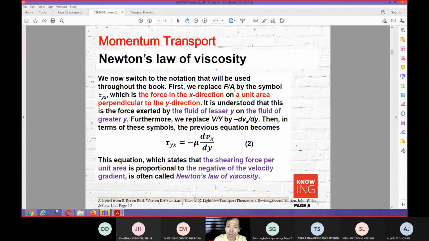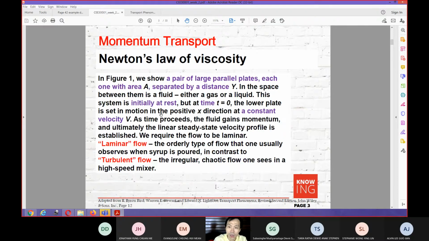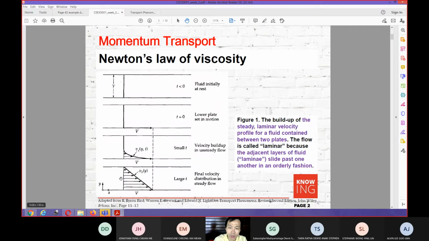Okay, F divided by A can be replaced by this tau yx, which is the force in the x direction on a unit area perpendicular to the y direction. Again, this x and y in here has a different direction. So you see, you need to refer to this particular notation in here.